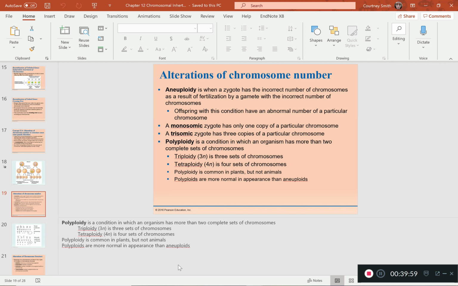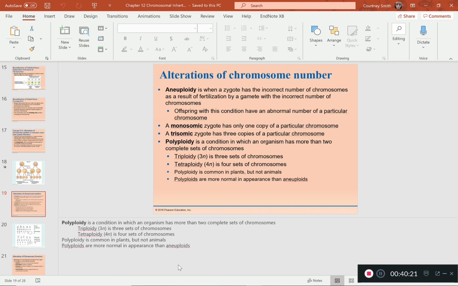So the vocabulary that goes along with this, sorry guys, is aneuploidy, which is where you have the incorrect number. So that's more or less just the overall term that we'll use to describe that there's an incorrect number.